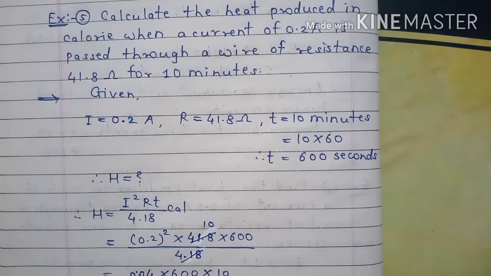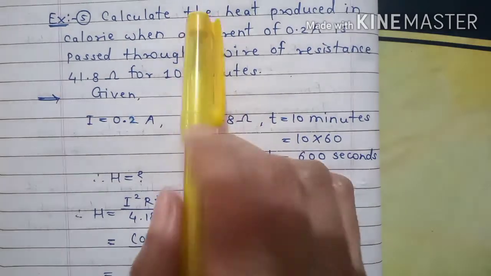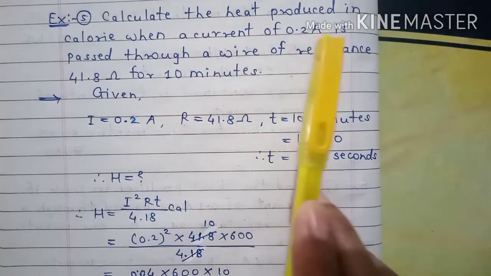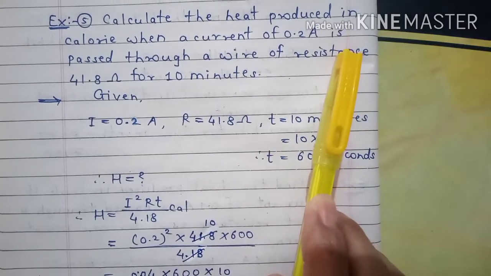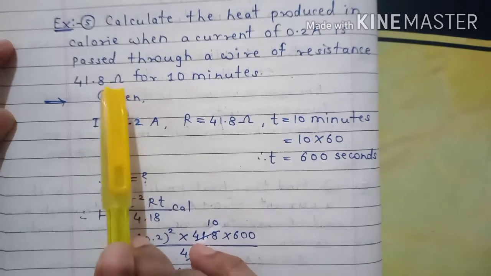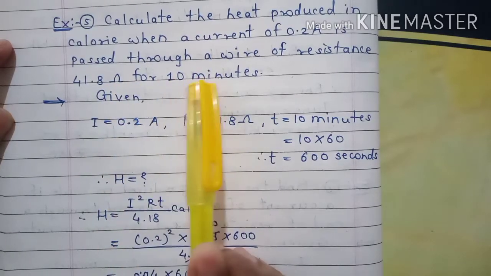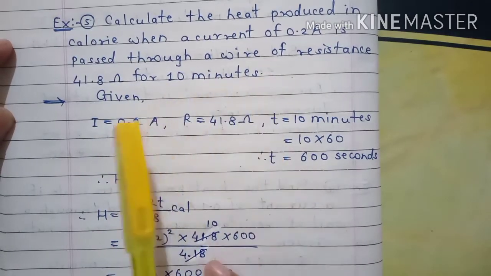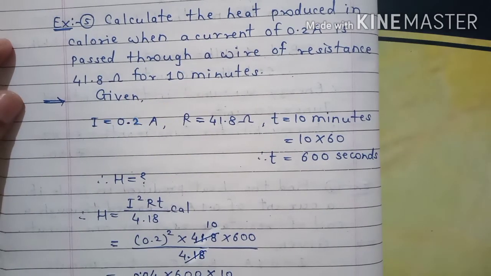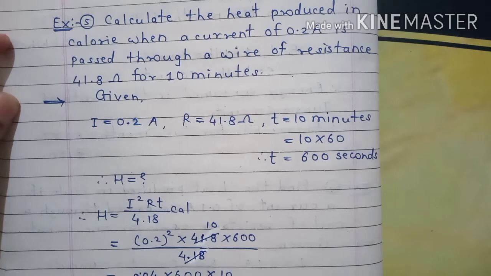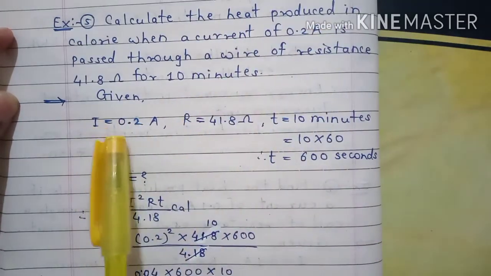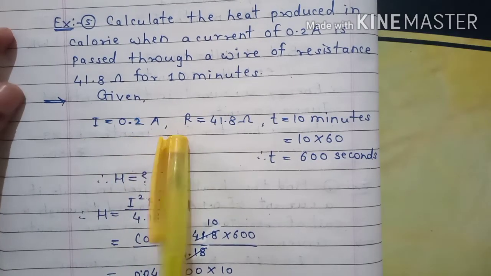Now example number 5. Calculate the heat produced in calorie when a current of 0.2 ampere is passed through a wire of resistance 41.8 ohm for 10 minutes. Now here we will write first of all the given things. Here also we have to calculate heat produced, but that is in calorie. So current I is equal to 0.2 ampere.